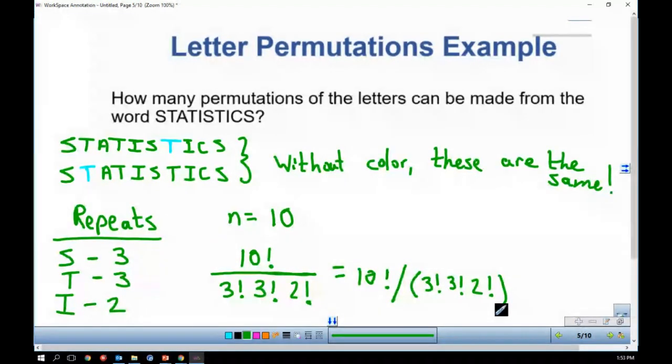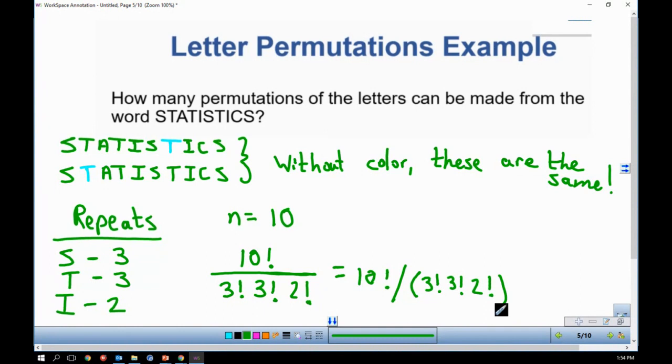And what would you get? I don't think I got it right. That's supposed to be a big number. Yeah, it'll be a pretty big number.